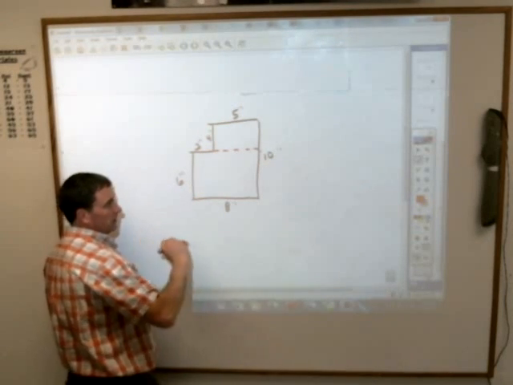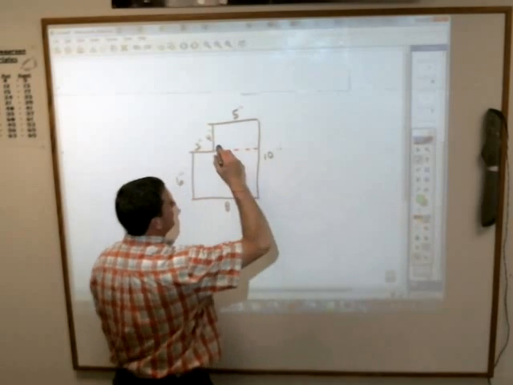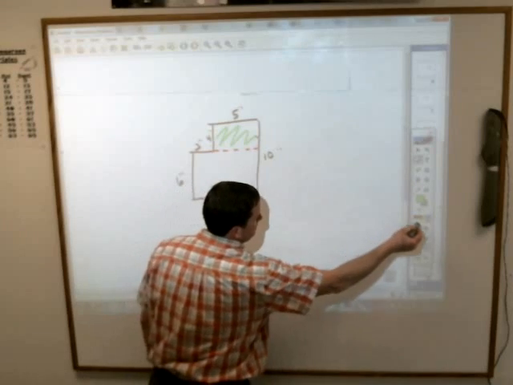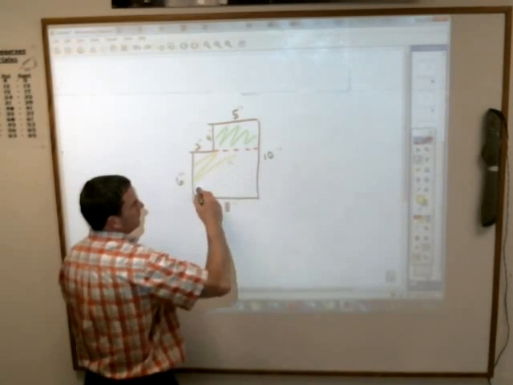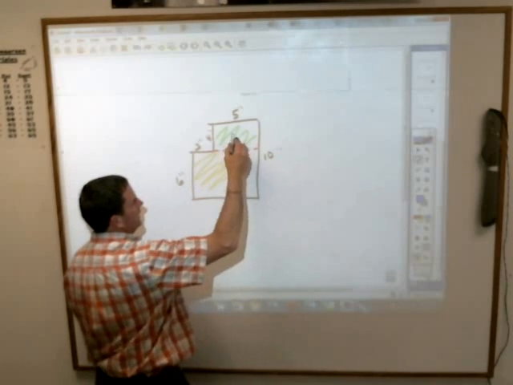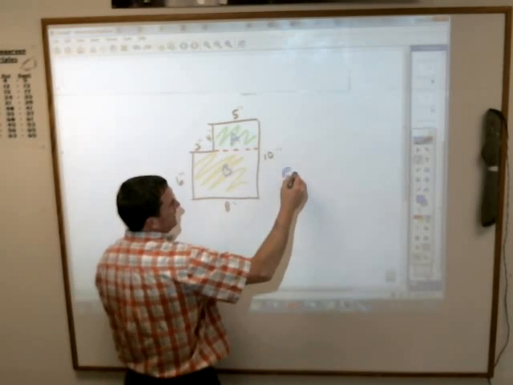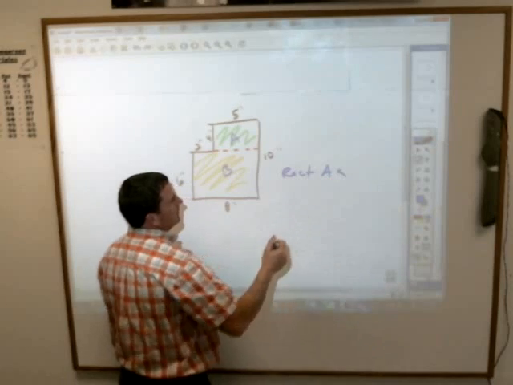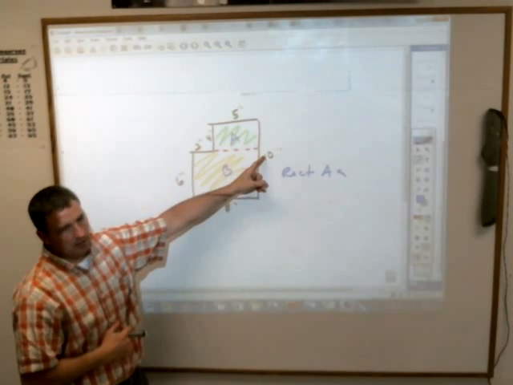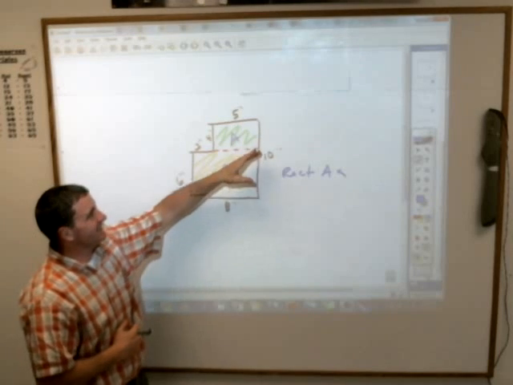Now here's what you have to be careful with, because you do have your two rectangles here. You've got this one, and you have this one. Let's call this one A and this one B. Rectangle A, you have to be careful because you can't use 10 for the dimension of rectangle A, because 10 is the whole line.